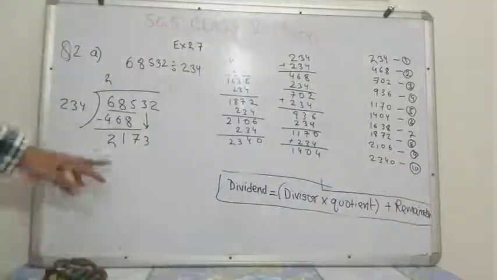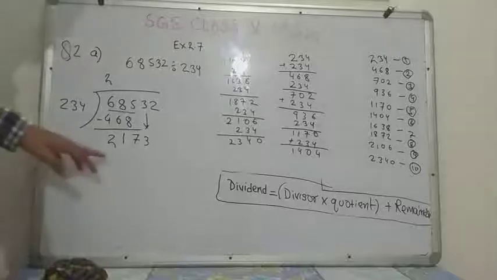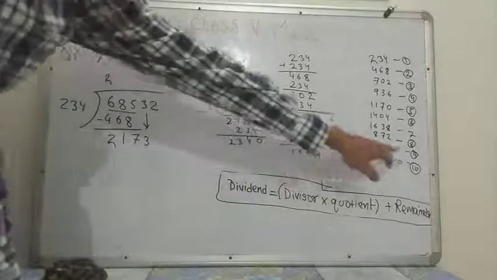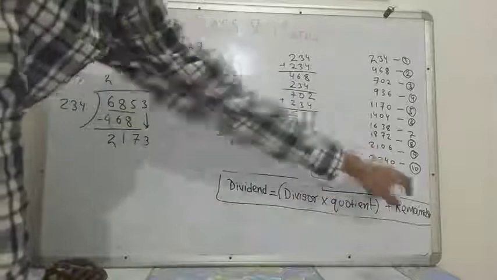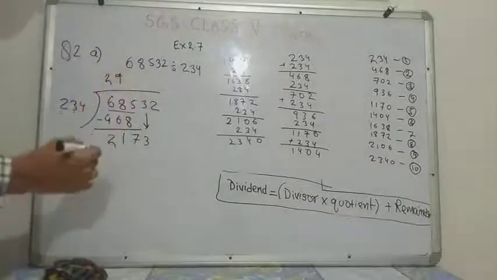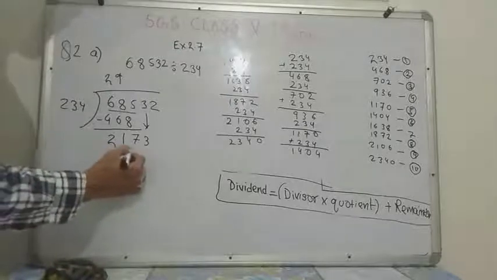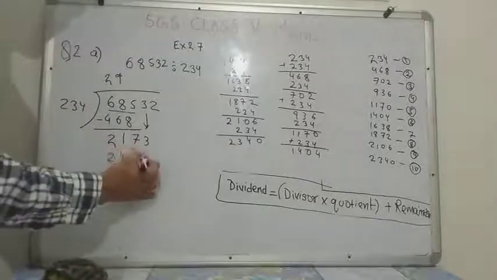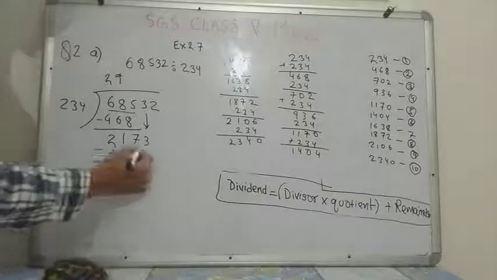Now we see between which multiples 2172 comes. 2172 is greater than the multiplication of 9 but smaller than the multiplication of 10, so we multiply by 9 times and we got 2106, and we subtract the numbers.